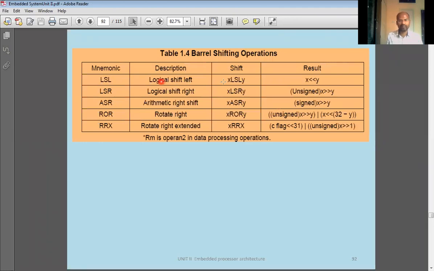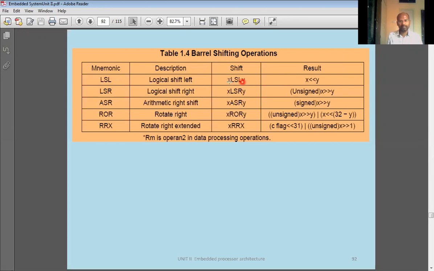Logical shift left, LSL, this is the instruction, and this is the description. This is what happens when you use this instruction: X left shift Y means the X operand is left shifted by the data present in the Y operand.